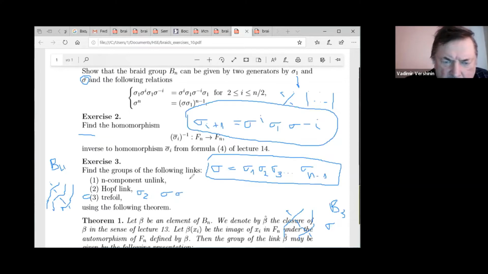Sigma 1, sigma minus 1. This gives you the flavor of the work of generators and relations in the braid group.